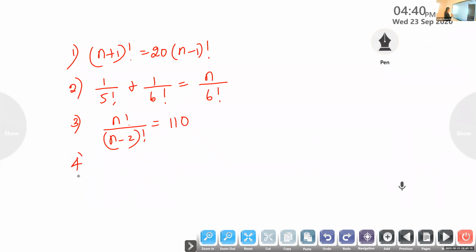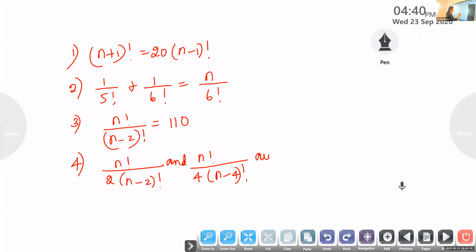In all the cases, the question is find n. Fourth one: n factorial by 2 into n minus 2 factorial and n factorial by 4 into n minus 4 factorial are in the ratio 1:6.